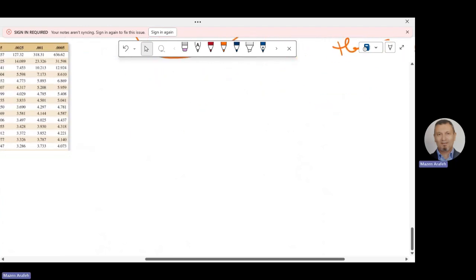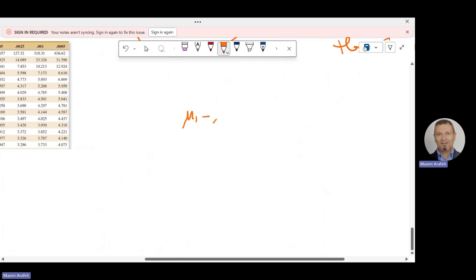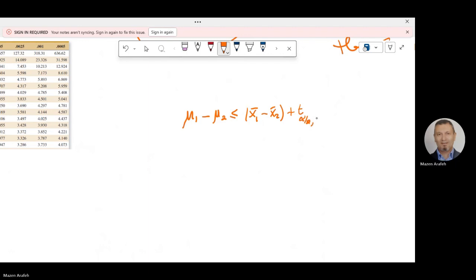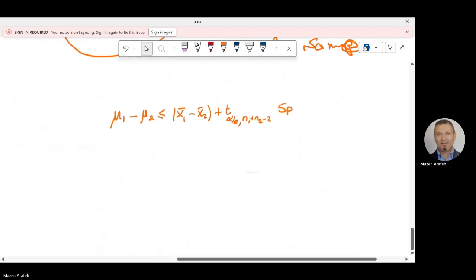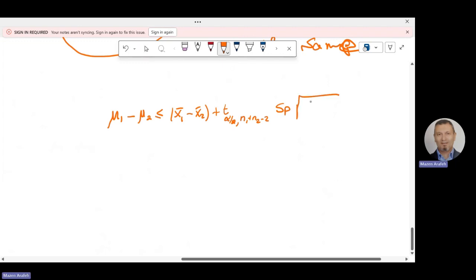Basically here I'm going to have mu1 minus mu2 less than or equal to x1 bar minus x2 bar, plus t alpha over 2 with degrees of freedom n1 plus n2 minus 2, multiplied by the pooled standard deviation multiplied by the square root of 1 over n1 plus 1 over n2.